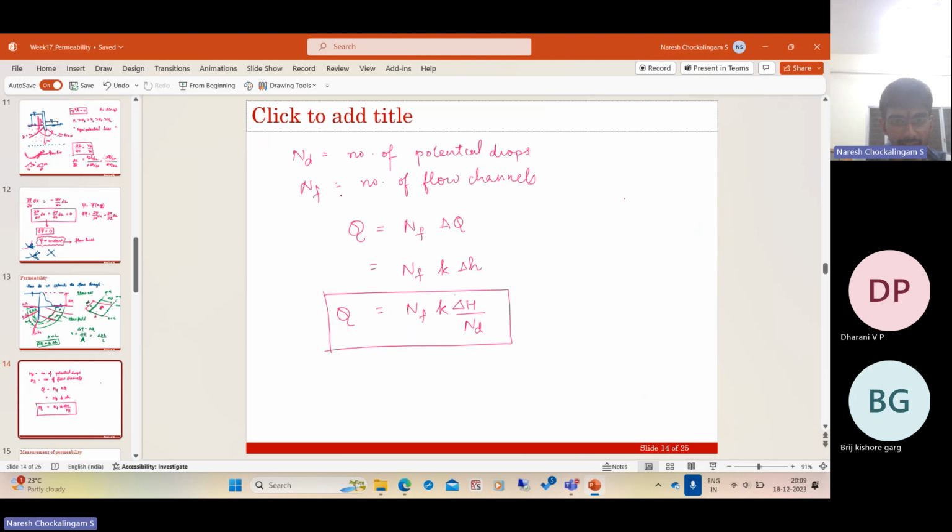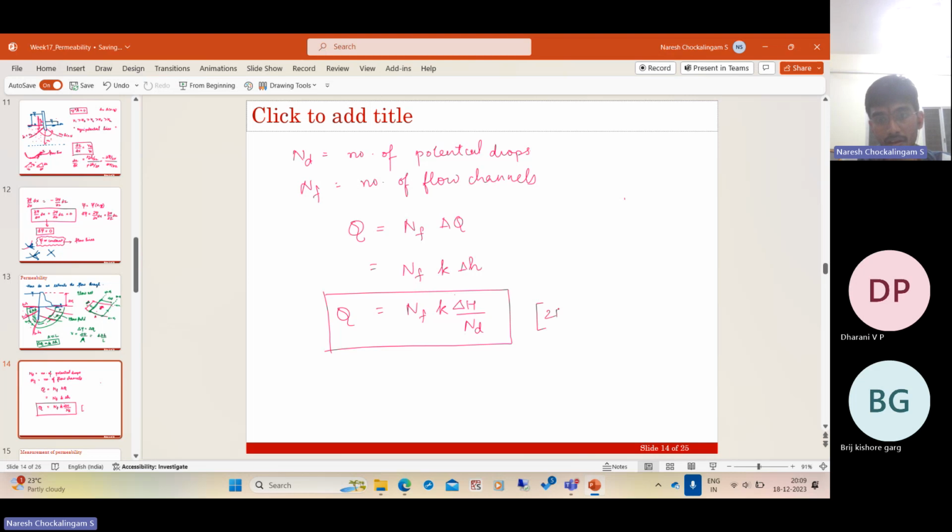Let them be NF and ND respectively. Then you compute the total flow as total loss due to seepage as NF into the permeability into delta H by ND. So this is the total loss from a dam. This concludes 2D seepage.